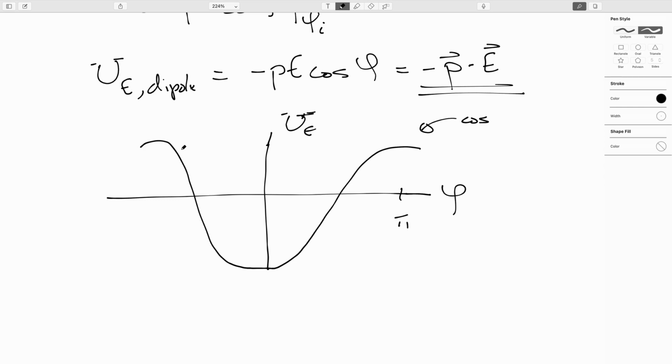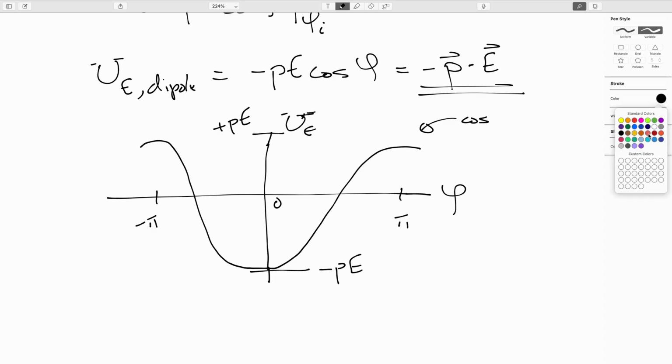So this will be pi. This will be minus pi. This is 0 here. So with our choice of the potential energy being minus P dot E, its lowest value will be minus PE, and its highest value will be plus PE.